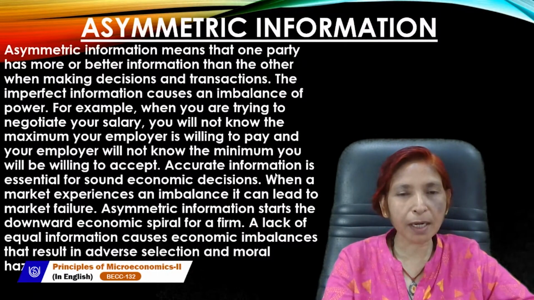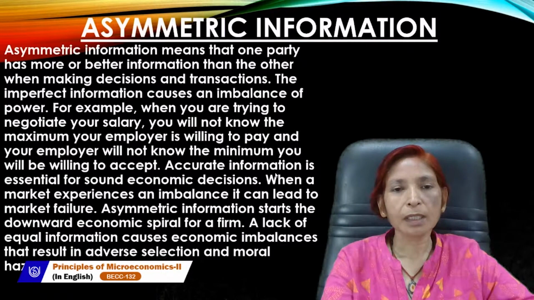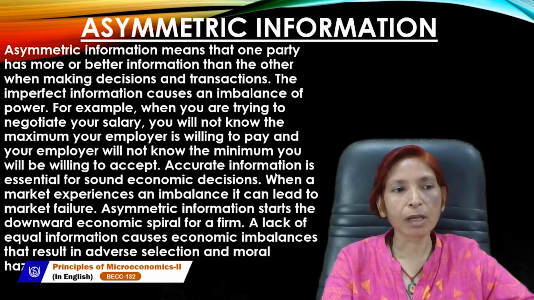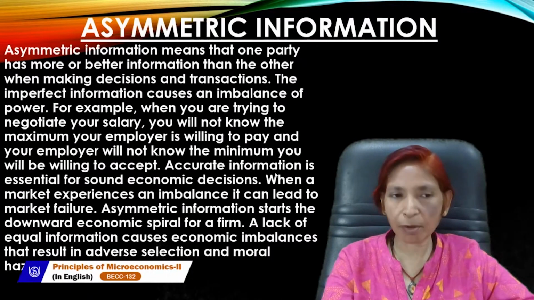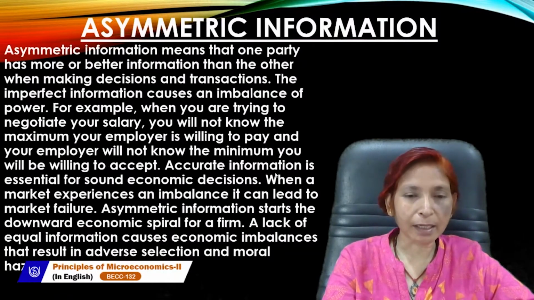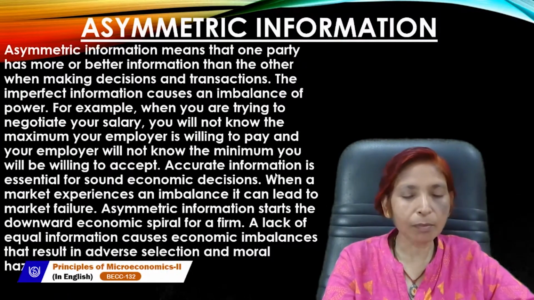So if one party has better information than the other, and if both parties don't know about each other, then an imbalance problem occurs. Imperfect or imbalanced information is a main reason of market failure, and it will create the problem of adverse selection and moral hazards.